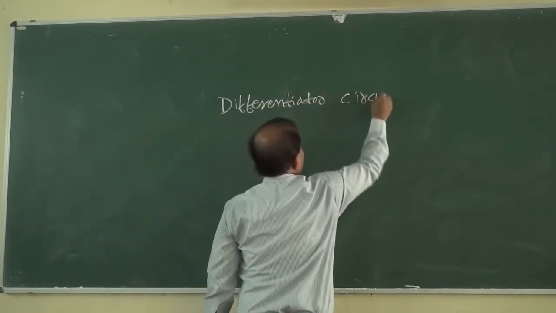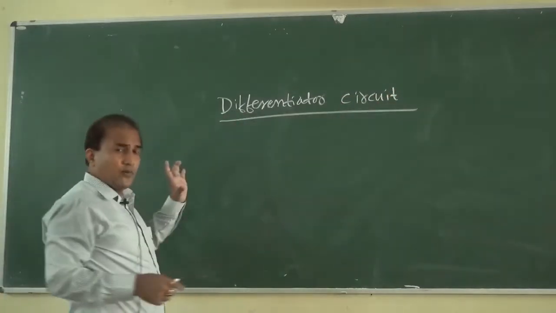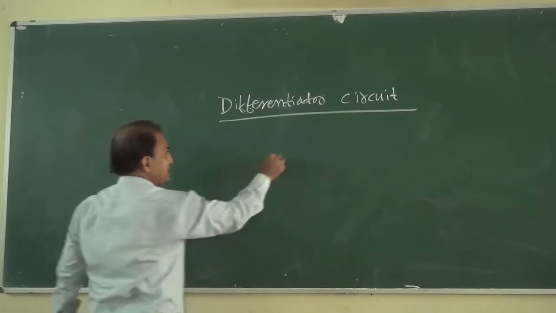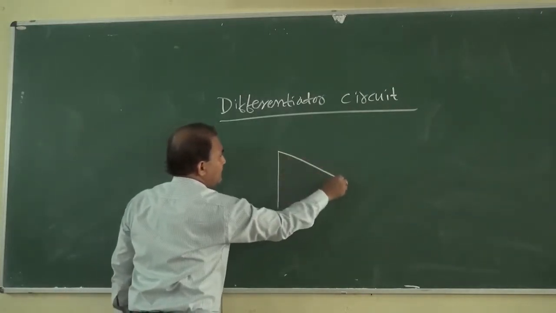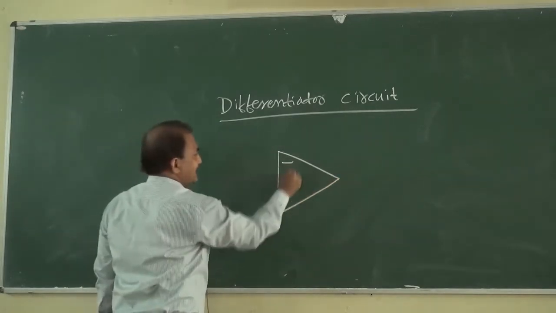Differentiator circuit. Again we can use an operational amplifier in designing a differentiator circuit. So the circuit diagram for a differentiator circuit by using an operational amplifier is like this.